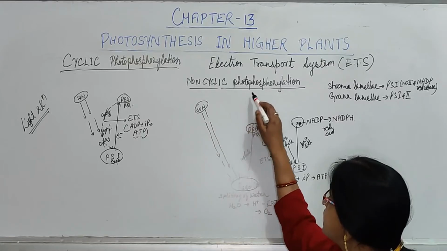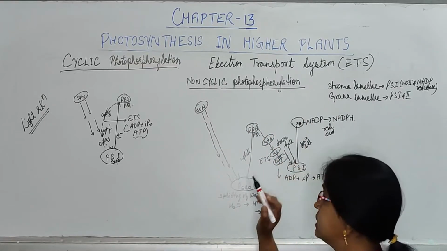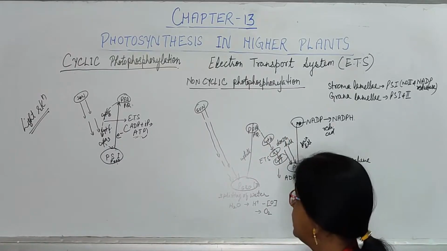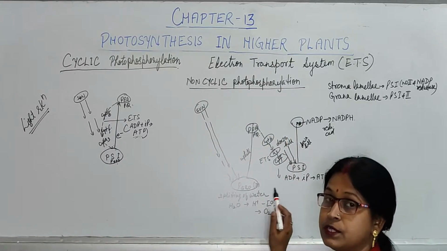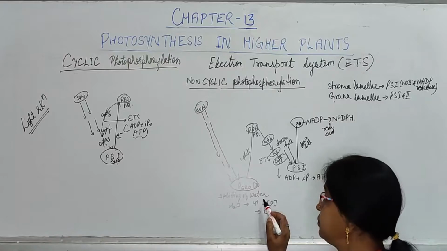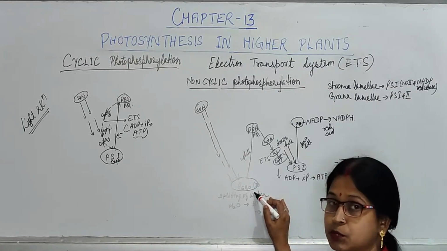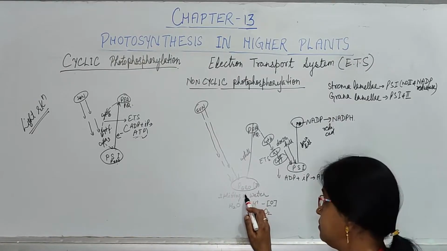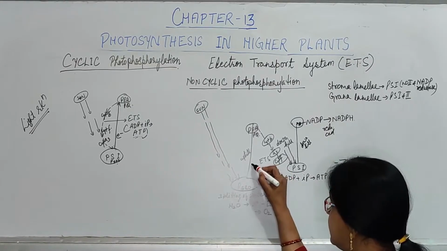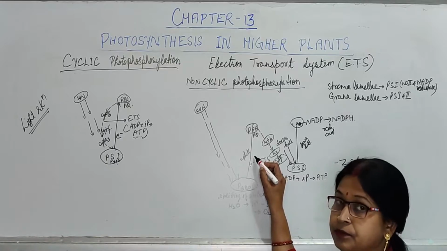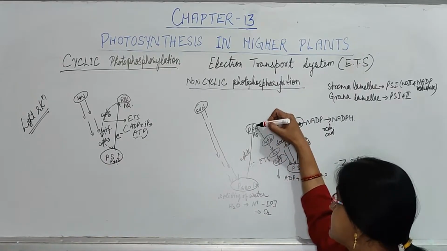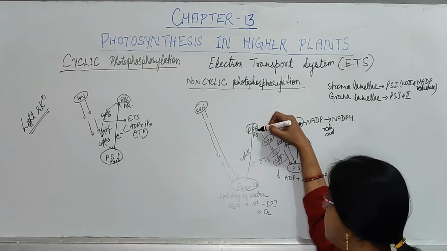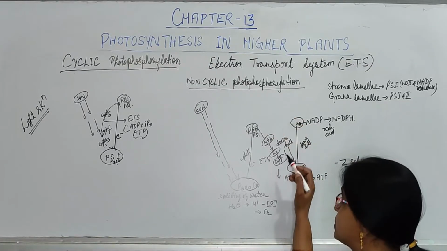Now non-cyclic photophosphorylation. In non-cyclic photophosphorylation, both pigment systems are involved. It will start with pigment system 2. Sunlight is absorbed by pigment system 2, that is P680. An electron is emitted. Then it will be accepted by the primary electron acceptor, that is plastoquinone.